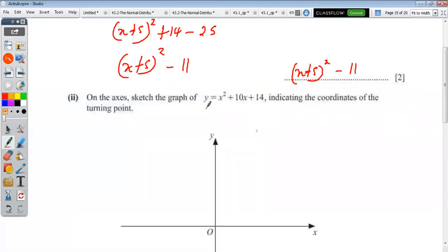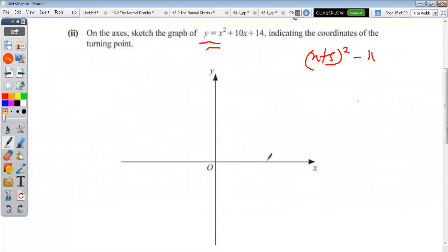So this graph is a sketch. I'll explain how this works. I'll use this to sketch these transformations that are happening. Remember the graph of x squared is like this. This is the normal graph of y equals x squared. But now it's a plus 5.